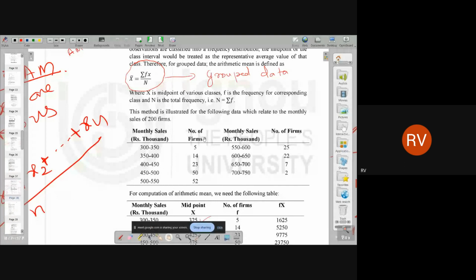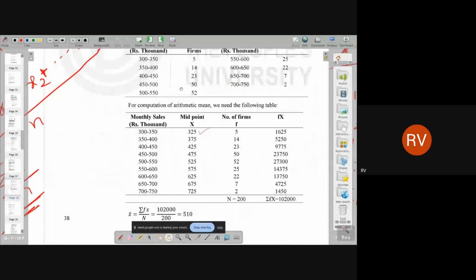Monthly sales 300 to 350, there are 5 firms. 350 to 400, 14 firms. 400 to 450, 23 firms. That is, the total number of firms is 200. Monthly sales are given. We have to find the average monthly sales.